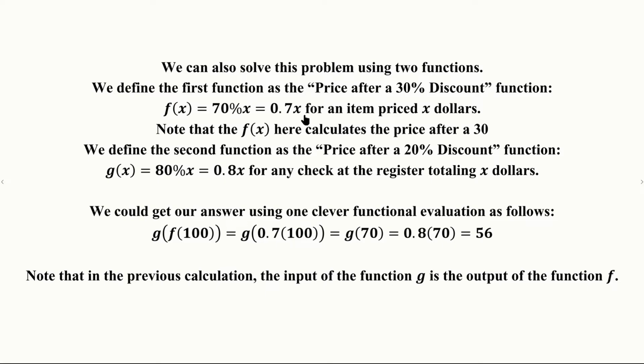Here's f of x. It's 0.7 times x. So f of 100 is just going to be 0.7 times 100, right? So we get g of 0.7 times 100, which is just g of 70. And what is g of x? It's 0.8x. So we just take 70 and plug it in, and we get what? 56.